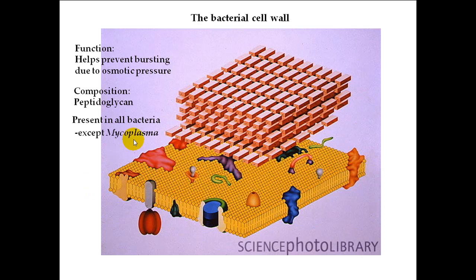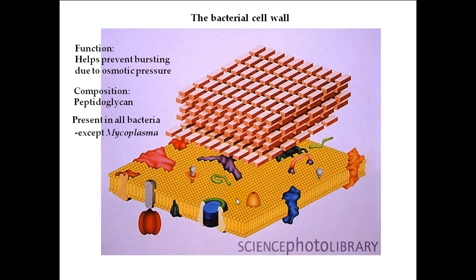The reason why these bacteria can get by without a cell wall is that if you take a look at their membrane structure, they have more of those stabilizing hopanoid molecules in them. And I think they also have sterols in them too. So mycoplasma can get by without a cell wall because their membranes are super reinforced.